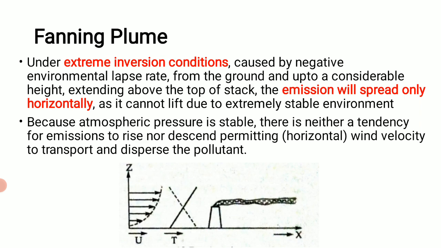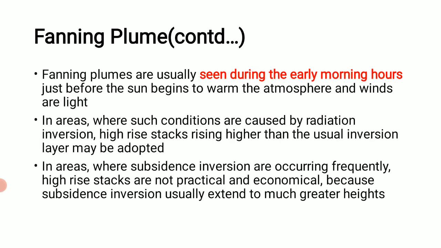Because the atmosphere is stable, there is neither a tendency for the emissions to rise nor to descend. Thereby it will be spread horizontally. And the fanning plumes are more common in early morning hours just before the sunrise, when there are light winds, and in areas where these inversions are caused by radiation inversion.